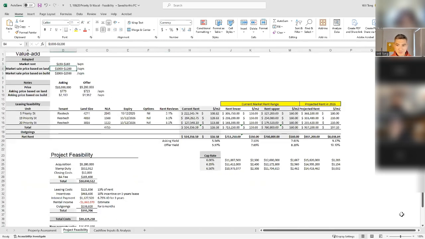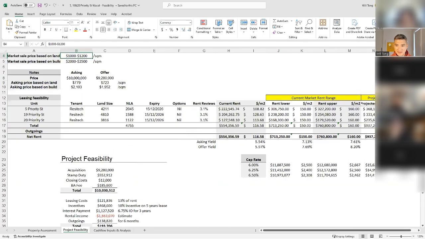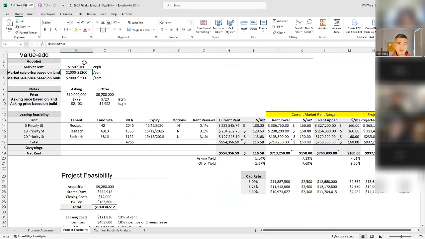So what we did afterwards is we adopted what we believed is the market rent, price per square meter of land, and price per square meter of build. So we're very confident that the market rent at the time of purchase is somewhere between $150 to $160 per square meter net.